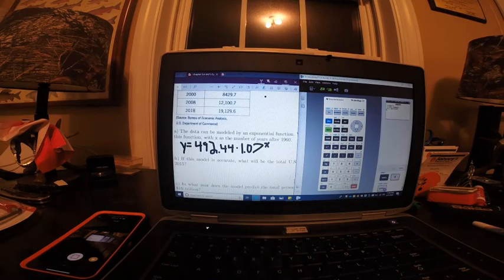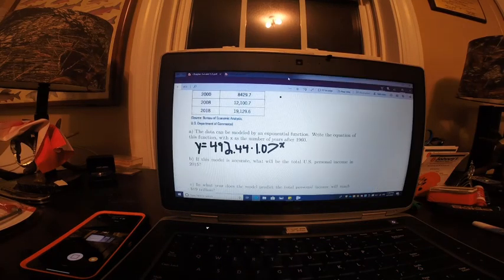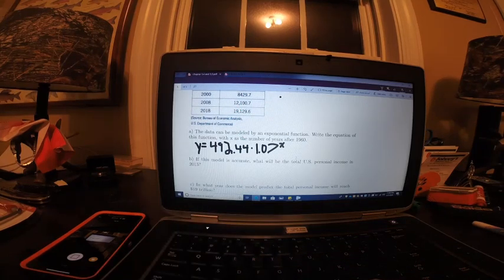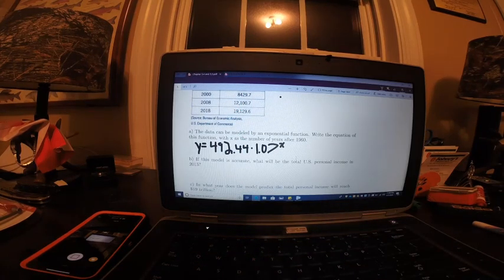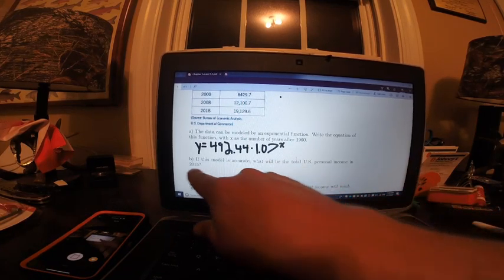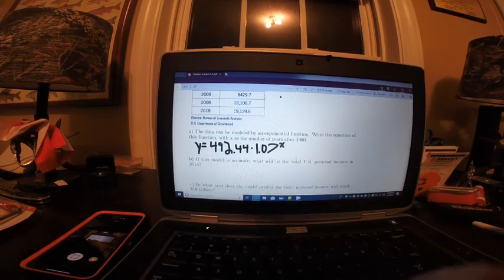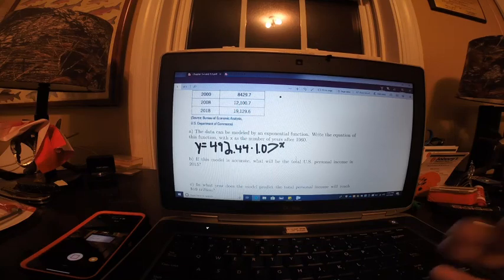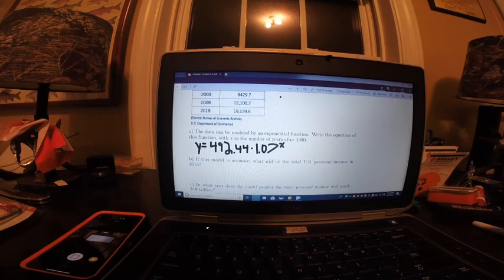Now, part B says, let's pull it up so we can look at it a little bit better. Part B says, if this model is accurate, what will be the total U.S. personal income in 2015? Now, this is years since 1960. If we're talking about 1960 to 2015, that should give you about 55 years.